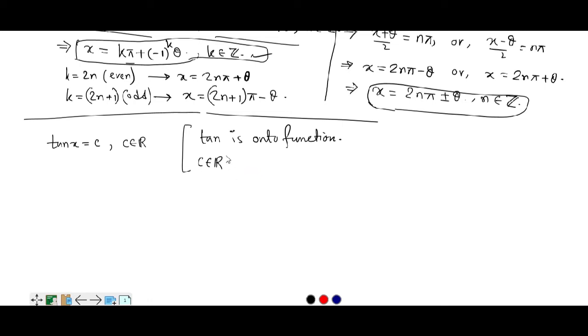So wherever you take the real number c, you can find some theta belonging to R such that tan theta will be equal to c. That means we can write tan x is equal to tan theta.